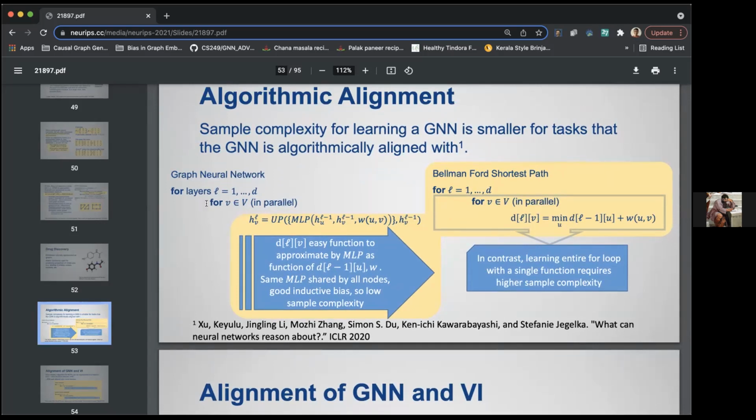In contrast, this idea of message passing is already built into a GNN. So we can have a lower sample complexity and better approximate something like the Bellman-Ford shortest path algorithm with a GNN than an MLP could.